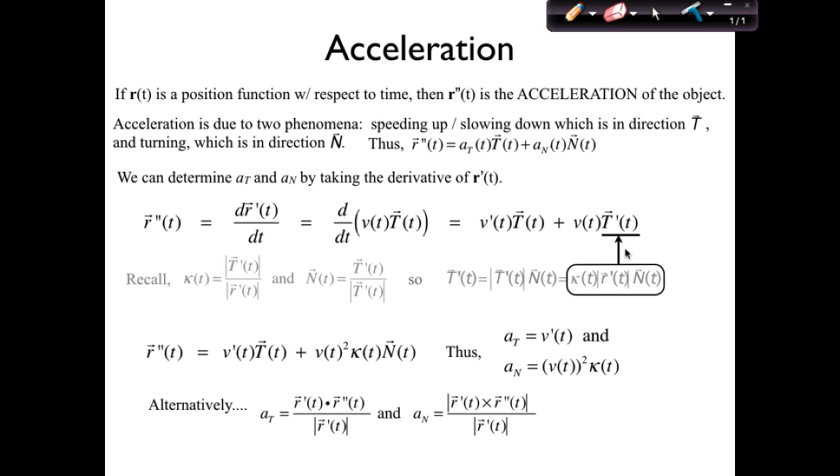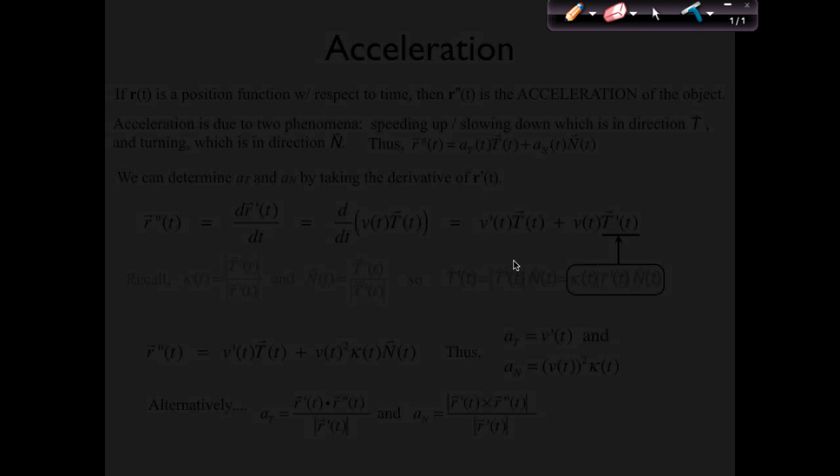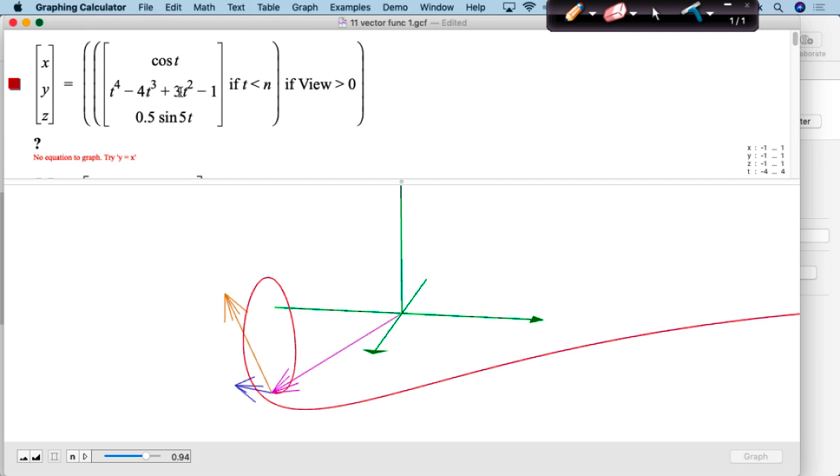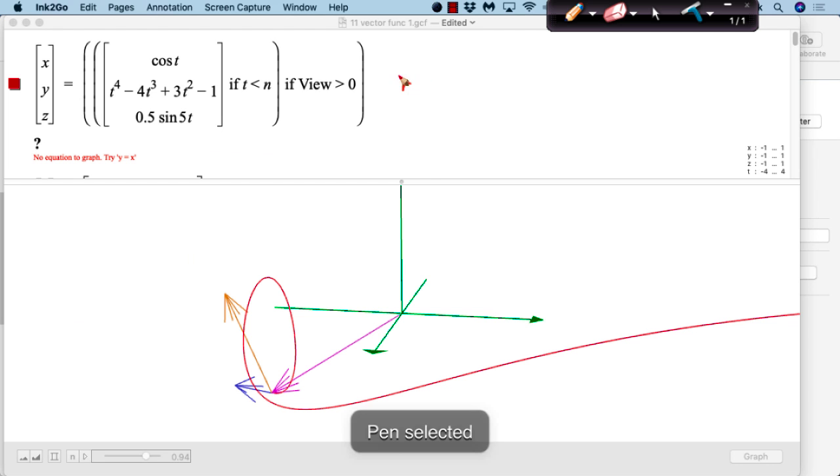So let's go back. If we were to do r double prime on this, what would we get? Negative sine, and the derivative of that would be negative cosine, and then the second derivative of this polynomial, and then the second derivative of that. Would that give us any indication of tangential acceleration or normal acceleration? Let's do it fast. So r double prime. Negative cosine is the second derivative of cosine.